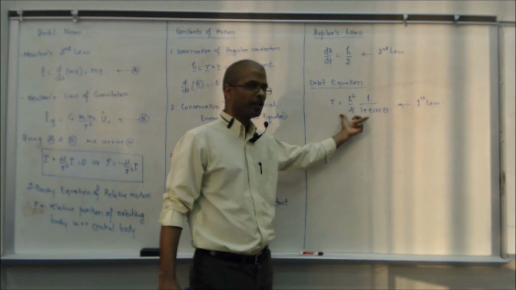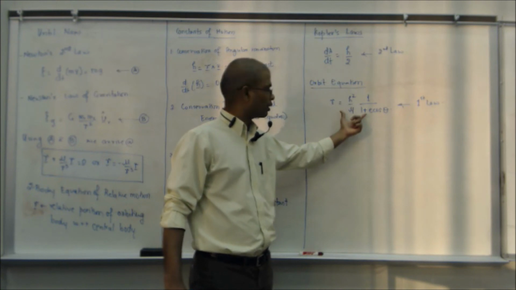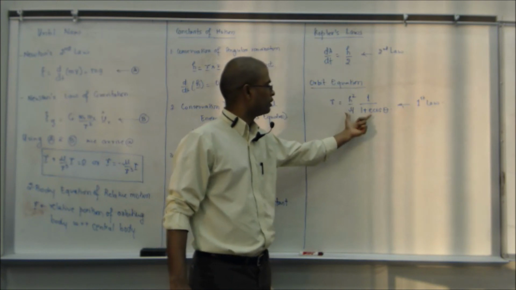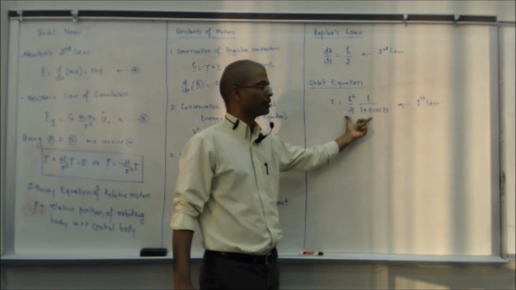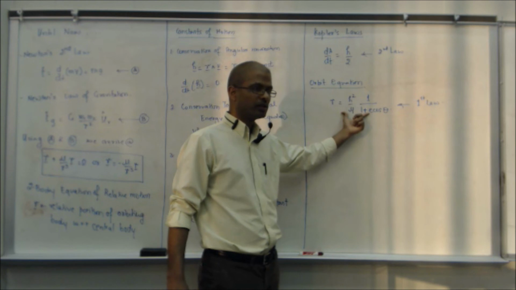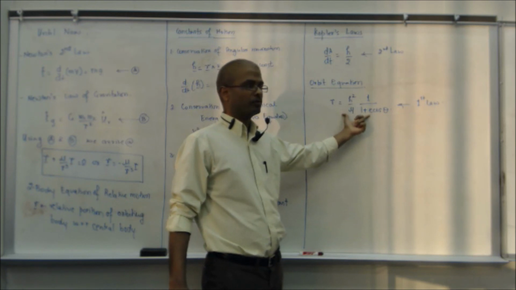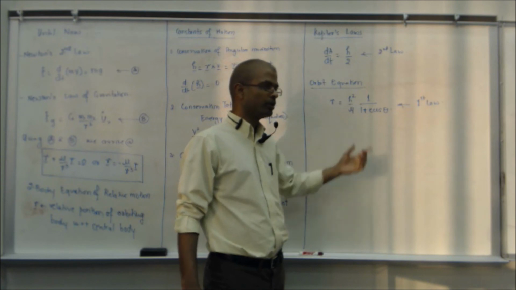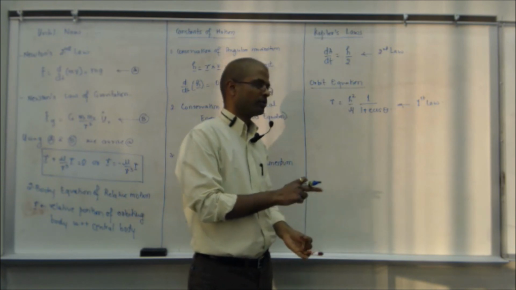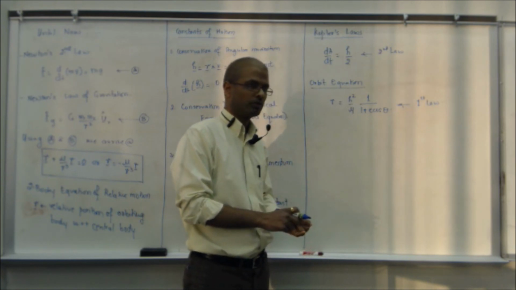So he said ellipses, okay? But what this says is, from Newton's laws, you arrive at this and you observe that this represents a generic conic section. That conic section could be a circle, ellipse, parabola, or hyperbola.